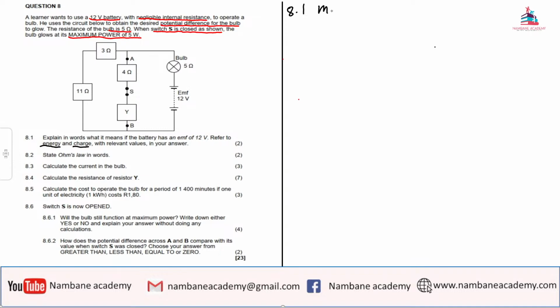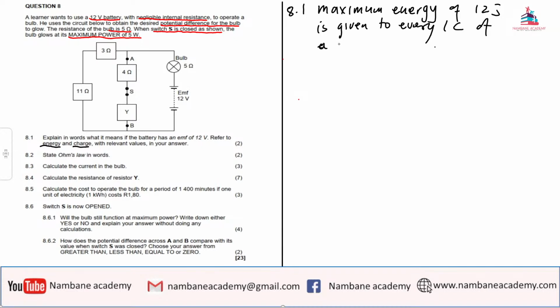So the first part will be: it's the maximum energy of 12 joules that is given off to every 1 coulomb of charge.